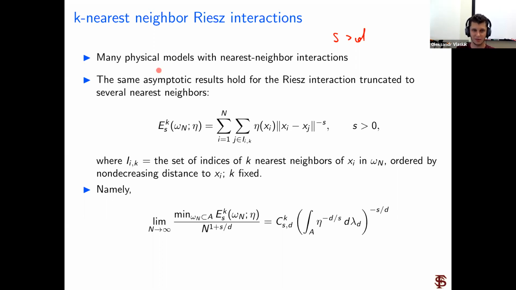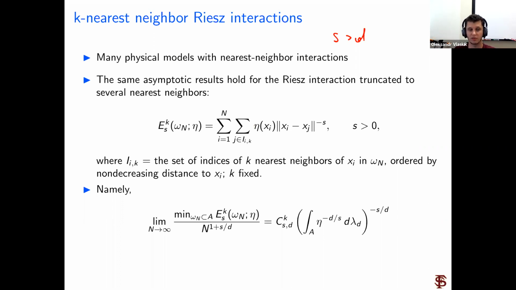So how about we do what physicists do? Being clever, some of the models that physicists consider involve only nearest neighbor interactions. The clever physicist says, I don't want a complicated model, I want a simple model. How would I construct a simple model of interaction in a configuration? Well, I'm just going to look at interaction with the nearest neighbor, or perhaps with several nearest neighbors. In other words, let's look at, again, a sum of the Riesz kernel, but now we're not looking at the complete n squared interaction of every point with every other point.